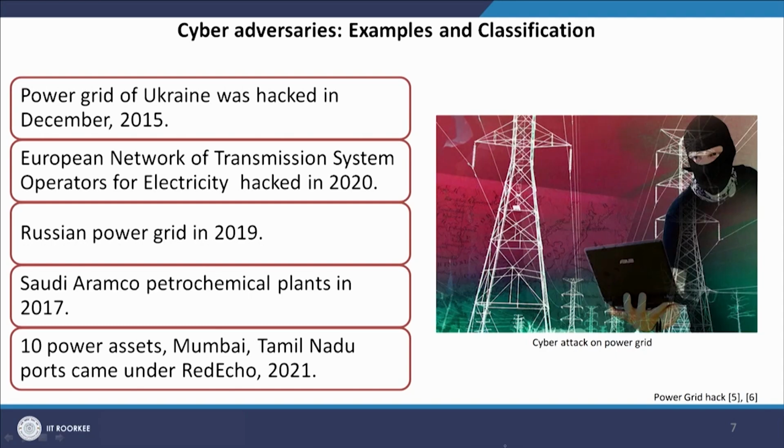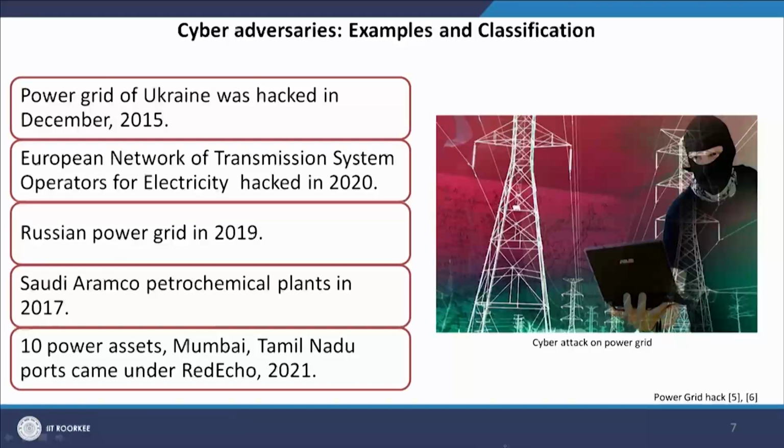The European network of transmission system operators for electricity was hacked in 2020. That means all your operation strategy is being taken care of by somebody else, a third party, through hacking. Then the Russian power grid in 2019, the Saudi Aramco petrochemical plant in 2017, and 10 power assets in Mumbai, Tamil Nadu ports came under REDICO in 2021. So, you could see these are very common challenges we face across the globe.